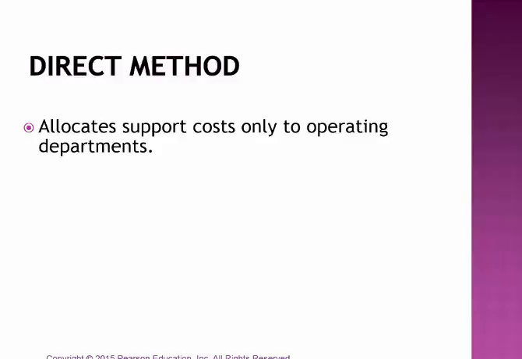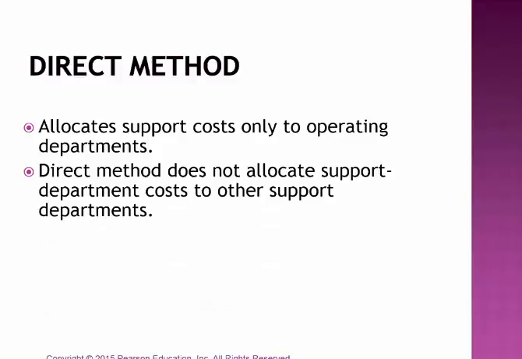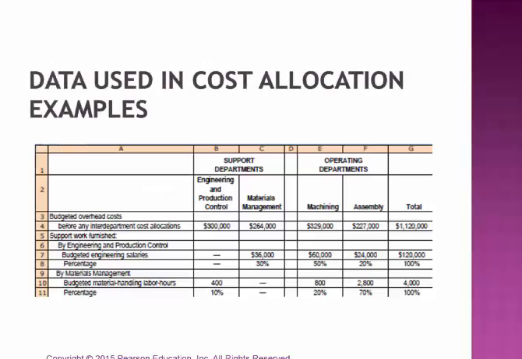All right, so we are going to go directly with these costs to the operating departments. We're going to ignore the fact that we supply services to other or fellow support or service departments. All right, so the direct method does not allocate support department costs to the other support departments. Here is our data.